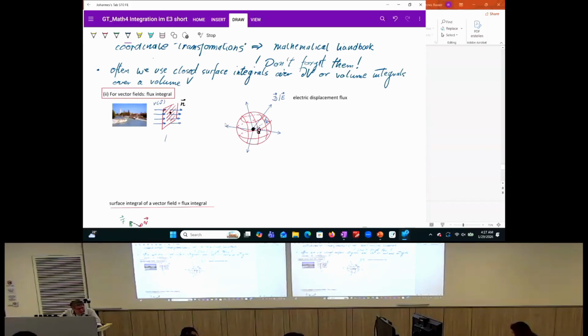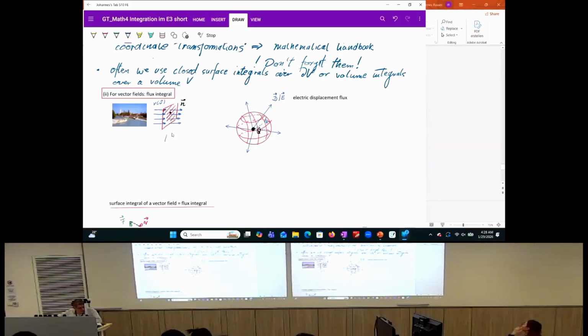However, when you are interested in what is flowing through the surface, like you see in this picture, then the contribution comes only from that component of the velocity vector that is perpendicular to this surface.